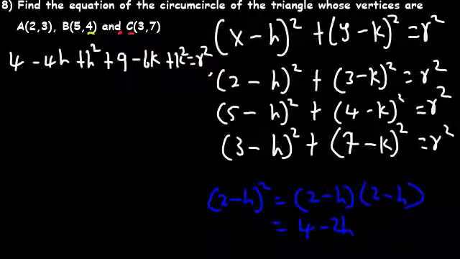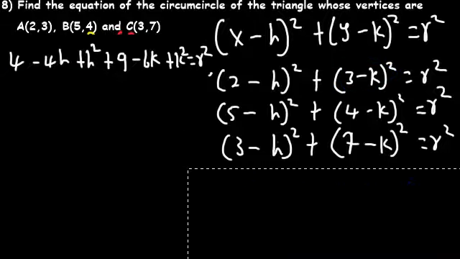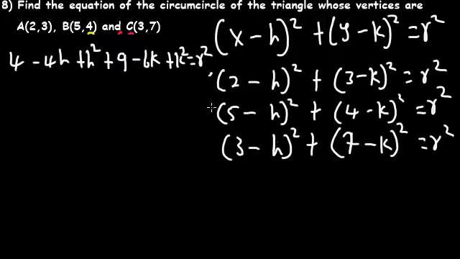Minus h times 2 is minus 2h. Then minus h times minus h is plus h squared. That's how I got that, and I did the same thing for the other. Okay, so now on to the second expansion.